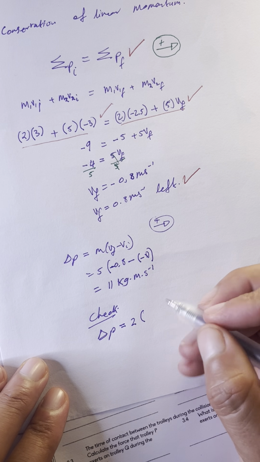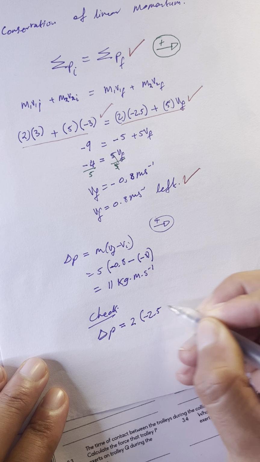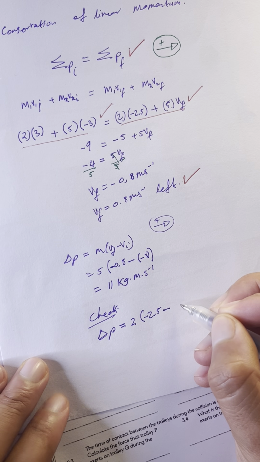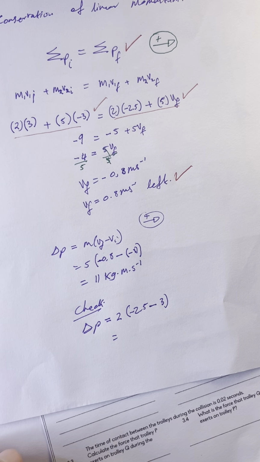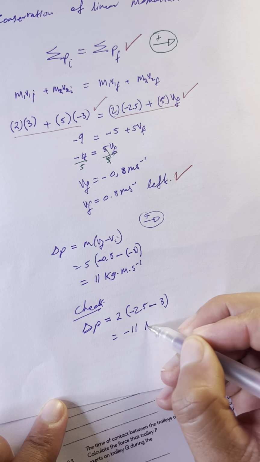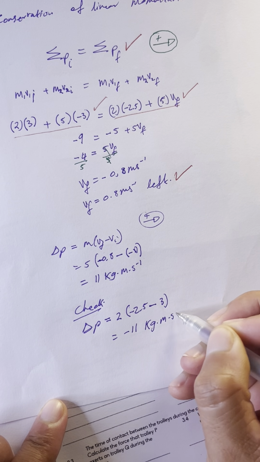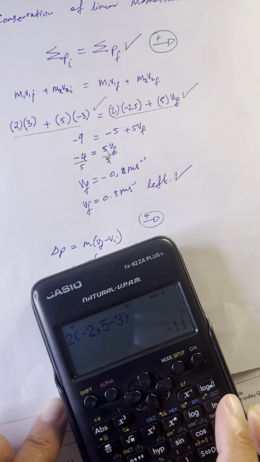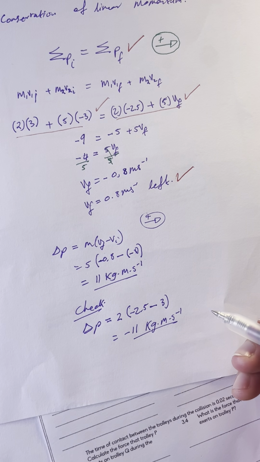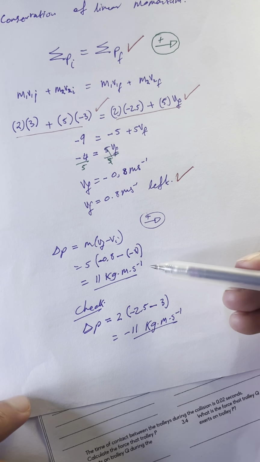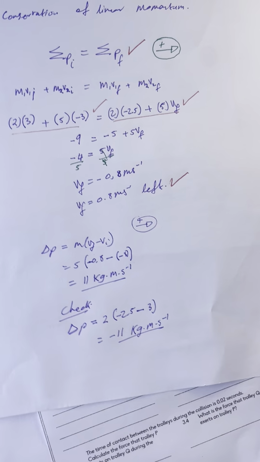Its final momentum was 2.5 to the left, so it's negative 2.5 minus 3, because 3 it was to the right, so we have 2 into minus 2.5 minus 3, and this you get negative 11 kilograms meters per second. So you can see the two values are equal, they just differ in the directions. This one is to the right, this one is to the left.